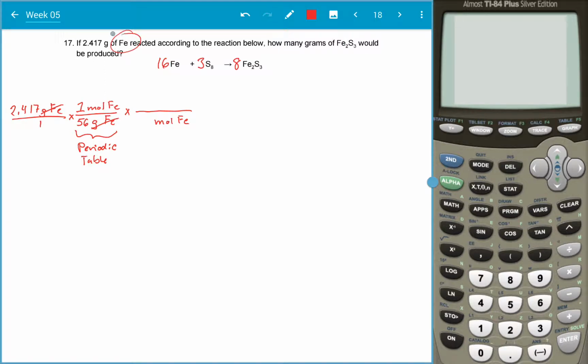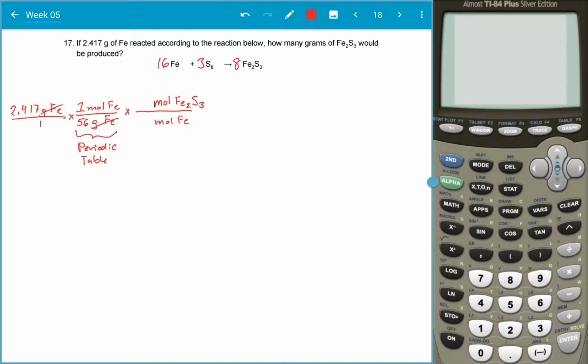Since this problem tells me something about the iron, but asks me something about a different chemical, I want to switch chemicals. I want to go from moles of iron into moles of iron 3 sulfide.